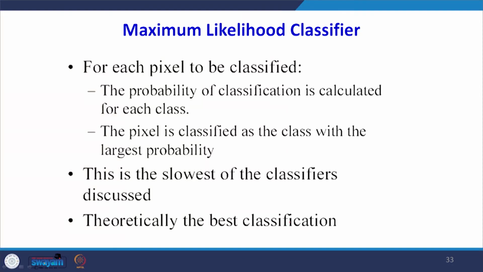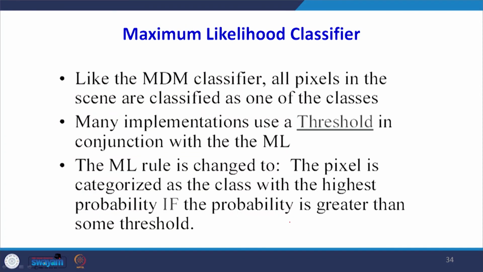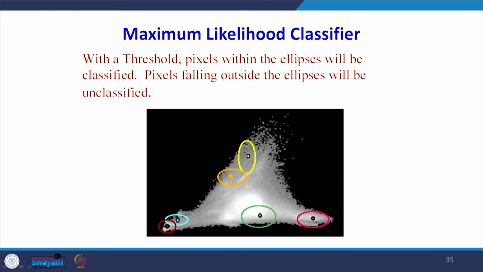This is again slower compared to the parallelepiped method, but it is theoretically the best method because it is based on probability. There is also a certain threshold which the user can define, and on the basis of the threshold value it will classify the pixel into that particular category.